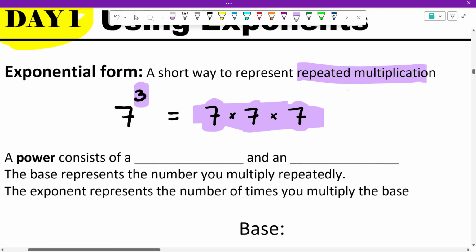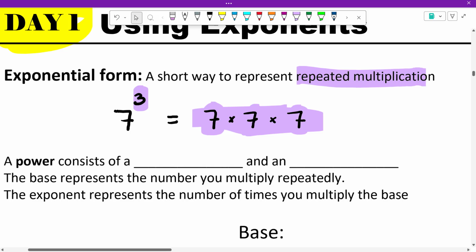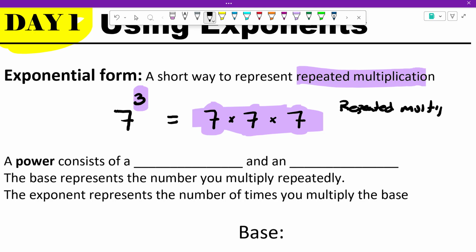Right? So if I tell you, hey, here's this expression, what is its repeated multiplication? That's what I want you to do. Right? So you got to know these words. Because often students get stuck when they're doing assignments and tests, not because they don't know the math, they don't know the words. Right? That means repeated multiplication.